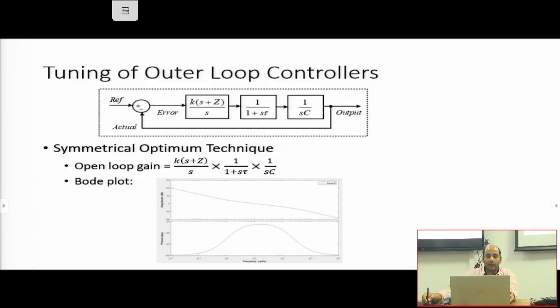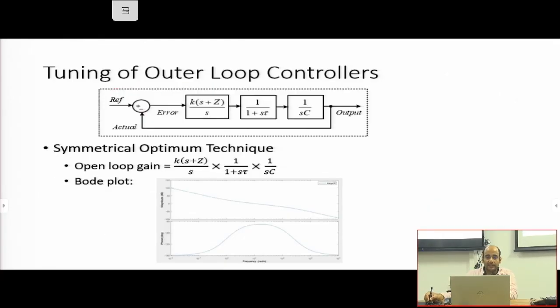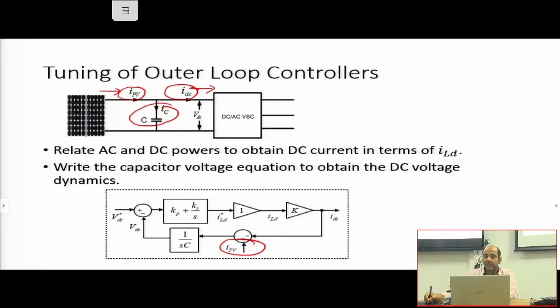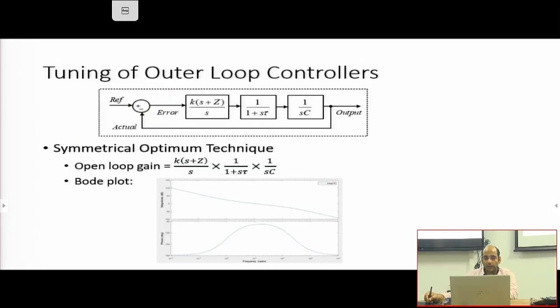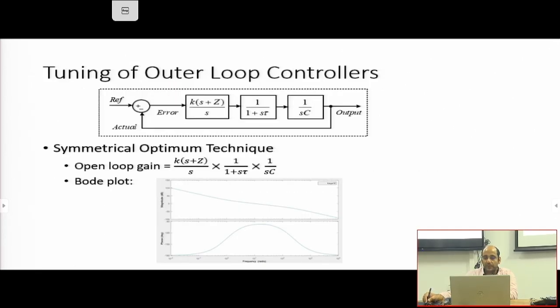Okay, you have a reference, you have an actual, and then this reference and actual error goes to a PI controller. Now this PI controller I have rearranged a little bit. I have taken KP and S common, so KP by S common, and here you will get another S in the numerator, so it becomes (S plus Z) by S, just the PI controller written in a different form.